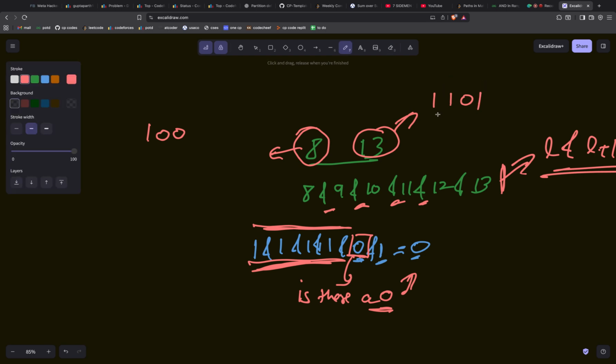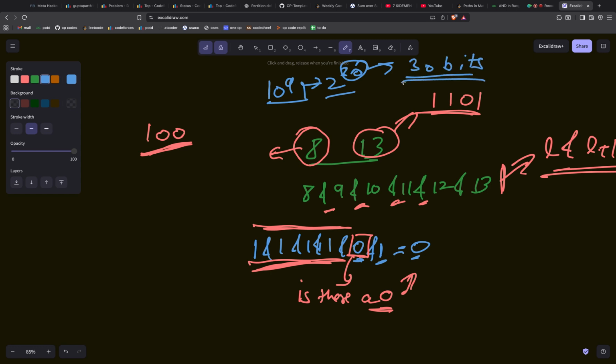So we'll break our integers down into bit representation. Now, L and R can be as big as 10 raised to the 9, which is around 2 raised to the 30, so we'll only have to deal with 30 bits.